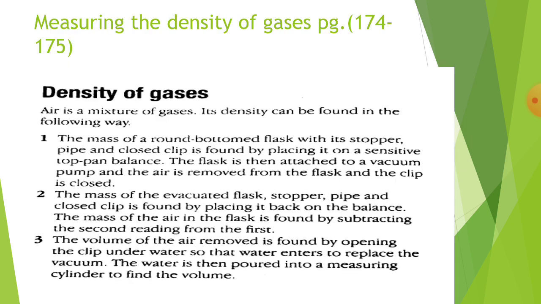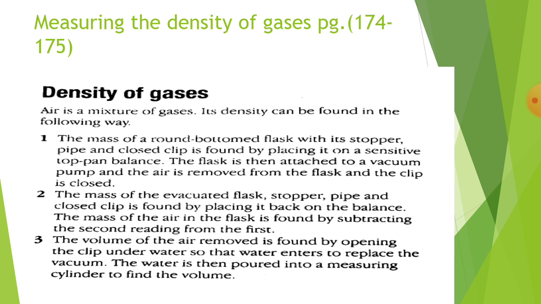We come to measuring the density of gases. Air is a mixture of gases. Its density can be found in the following way. The mass of a round-bottomed flask with its stopper, pipe, and closed clip is found by placing it on a sensitive top-pan balance.